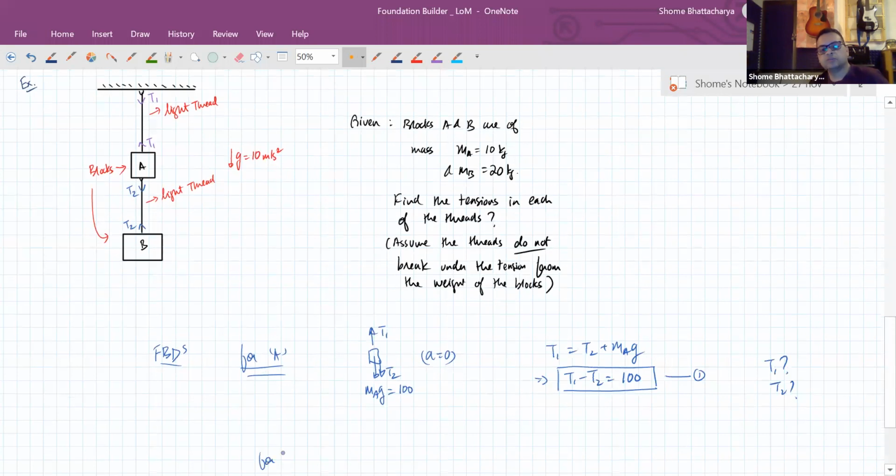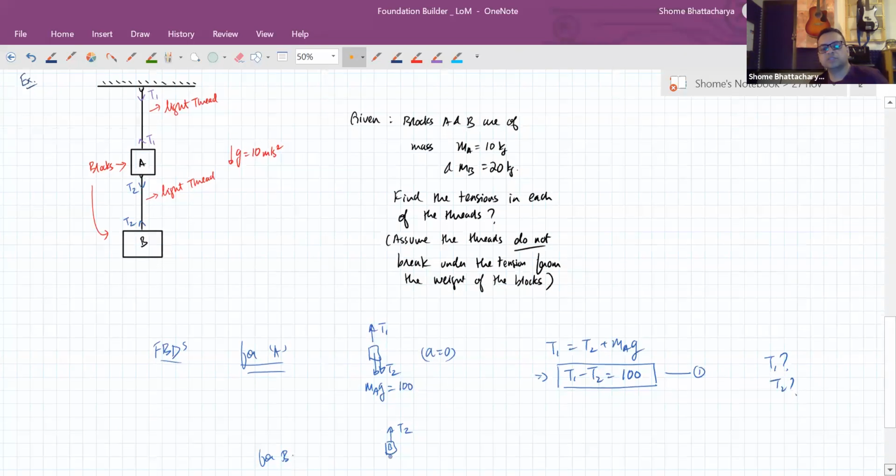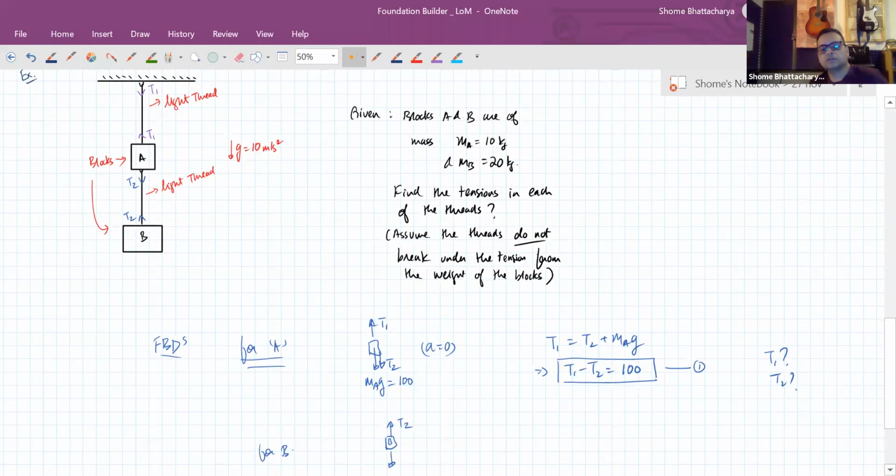For block B, the FBD is a little bit simpler because only one tension is acting on it, T2 upwards, no other string is attached to it, and its own weight equal to 200 newtons acting downwards. This one is also at rest. So T2 is balancing the weight of B, so T2 is equal to 200.